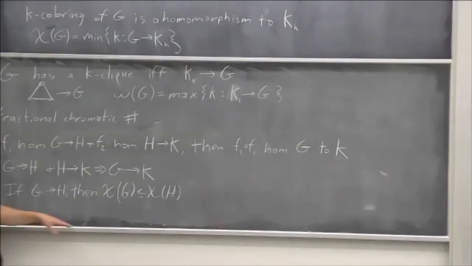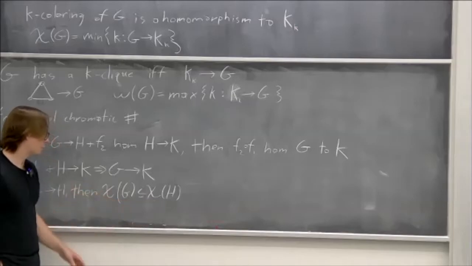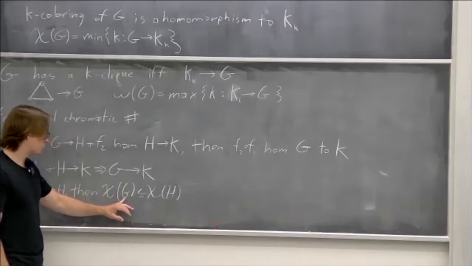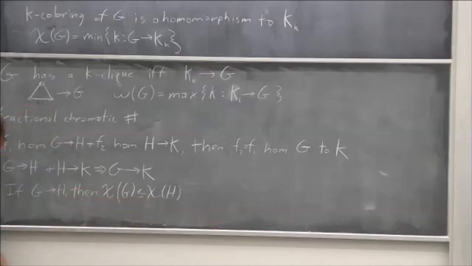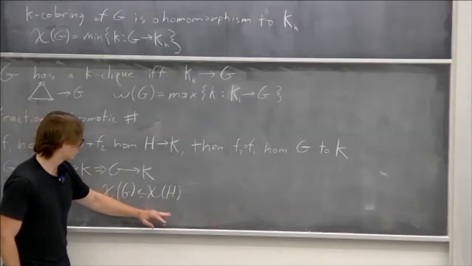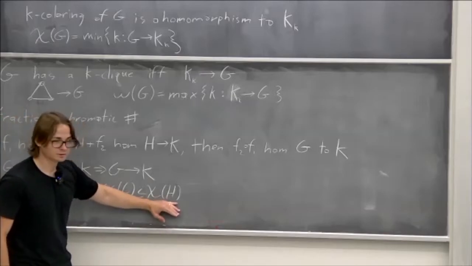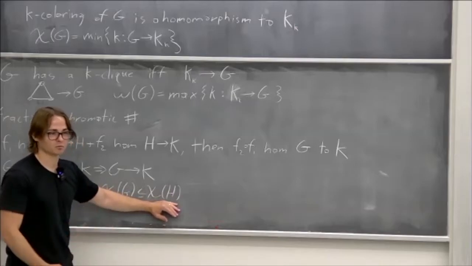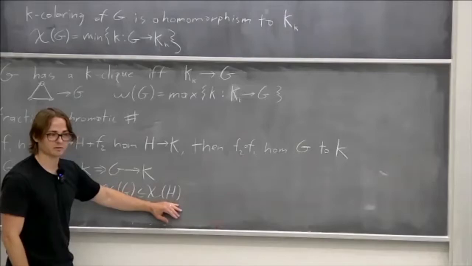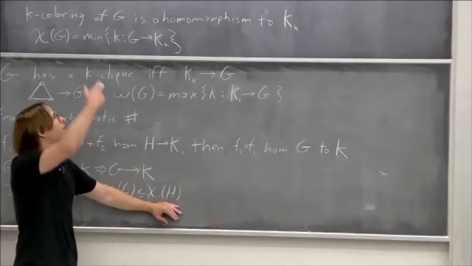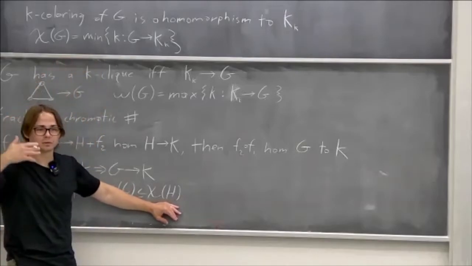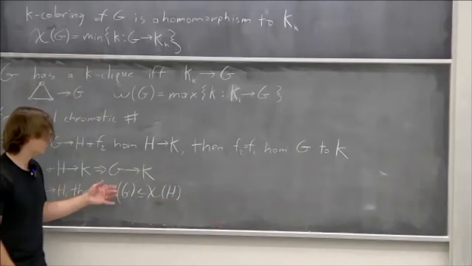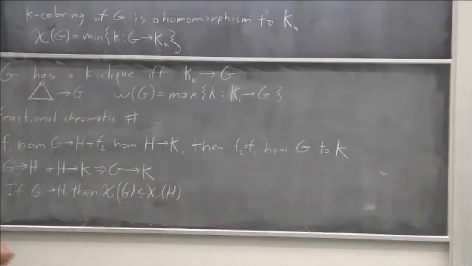Right. So you get this inequality, because if G has a homomorphism to H, and H has a homomorphism to a complete graph of this size, then G will also have a homomorphism to a complete graph of this size. But I take the min for the chromatic number, so this will have to be at most this. And similarly, you get the clique number.